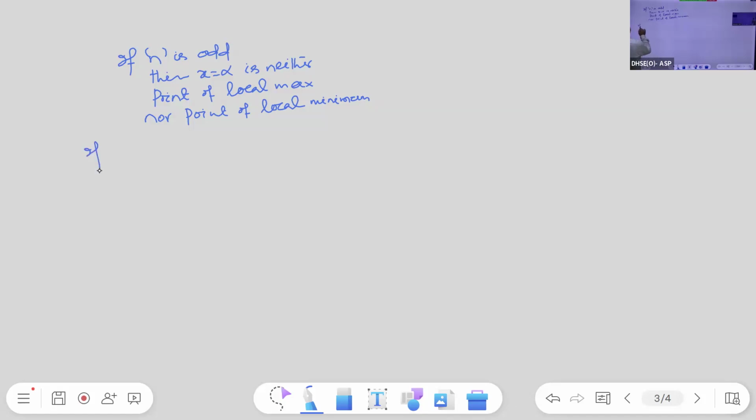If n is even, if f n alpha is greater than 0, non-zero value means it is greater than 0, then x is equal to alpha is the point of local minimum.